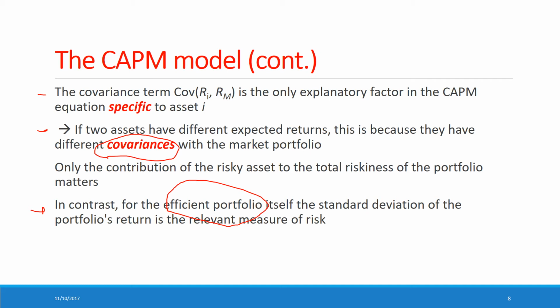So as we mentioned before, the reason is that we're pricing individual assets, right? And by default they are not diversified. Therefore the standard deviation of the asset return itself is not a good measure of risk, right? Because it includes both systematic risk and unsystematic risk. We only want to take into account systematic risk in our asset pricing model.